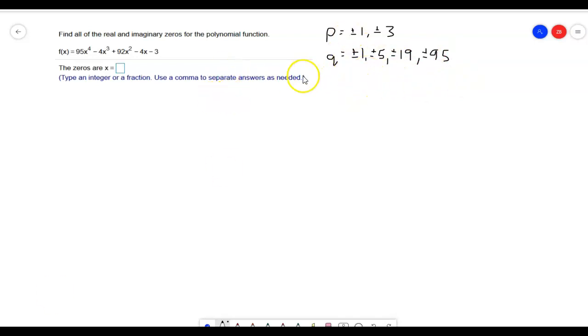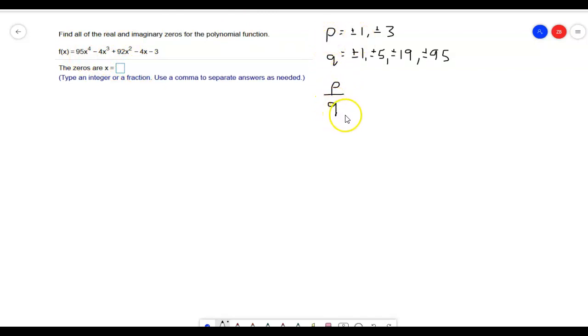Okay, so we're going to get our calculator to help us with this. We're going to narrow it down, and then we're going to check. And remember, we know that if we put a possible root in here and we get a 0, then that is a 0 of our function from the zero theorem that we have. So we're going to look at all the possible p's over q's.